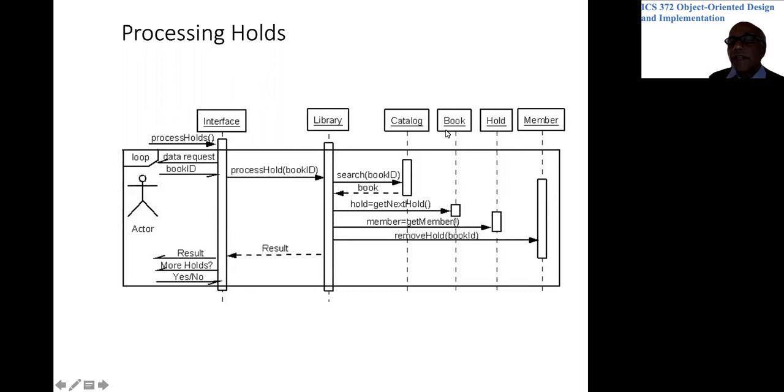The removal from the book can be done here, and removal from the member is done over here. Of course, it is also possible that there is no valid hold, because all the holds may have expired. That is not shown here. The sequence diagram doesn't go into that much detail.